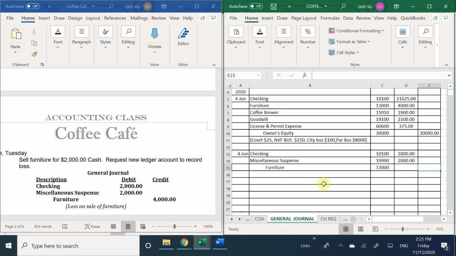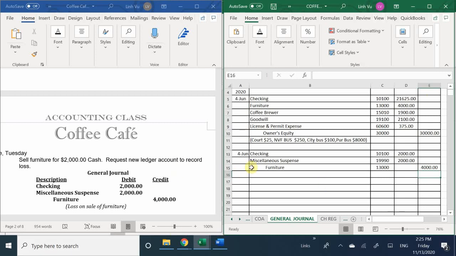And again, if you don't want to have to use your equal sum to make sure that your debits and credits match, you can go ahead and apply the formula here just to ensure that you did your calculations correctly or typed in your amounts correctly. So my amount totals up to $4,000. Okay.